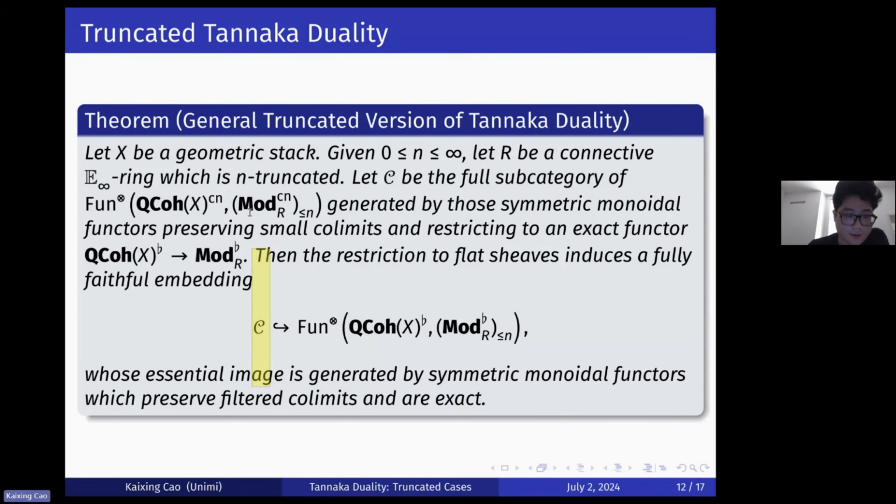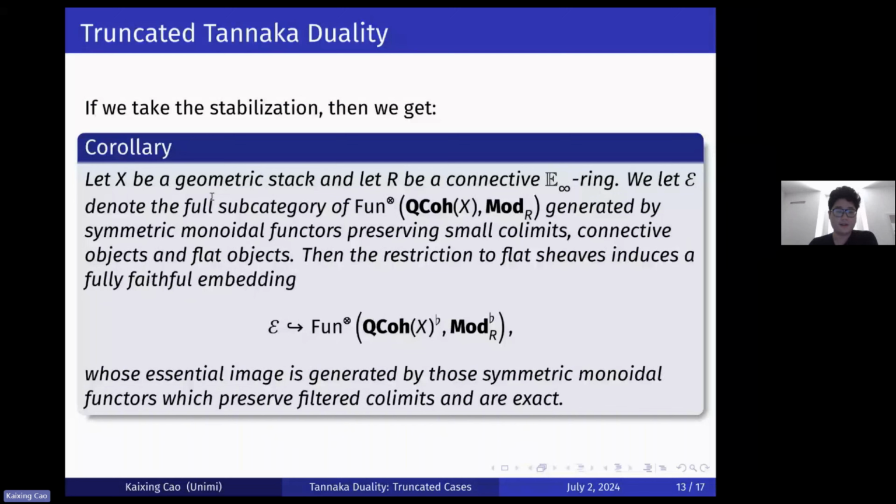Also, note that our functor category is only concerned about the connective objects. If we take the stabilization, we can drop the Cn here, like this corollary.